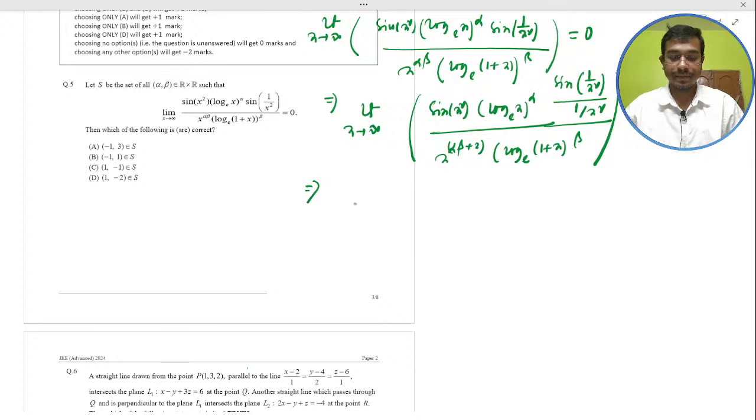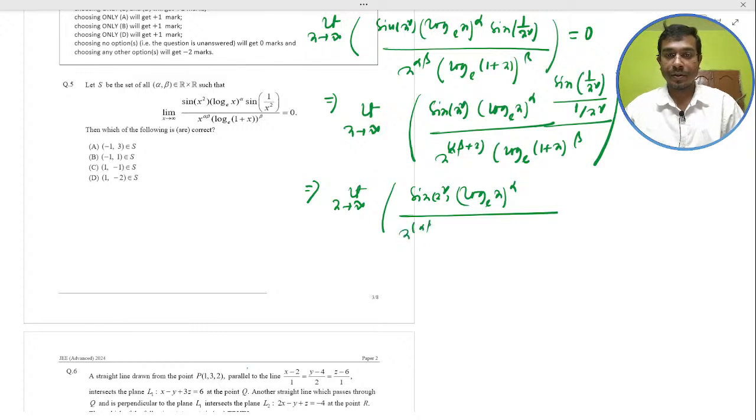That implies limit x tends to infinity, sin x square log e x to the power alpha divided by x to the power alpha beta plus 2 log e 1 plus x to the power beta. This is equal to 0.